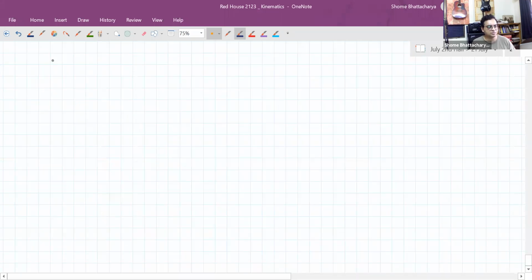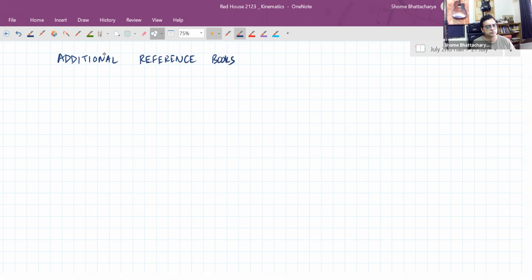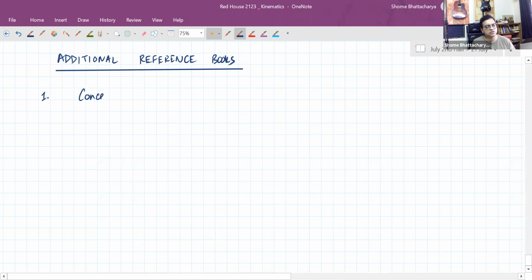So in physics, some additional reference books that you can use now that you've completed vectors and calculus. So you can use this book called Concepts of Physics. Comes in 2 parts. By Dr. H.C. Verma.